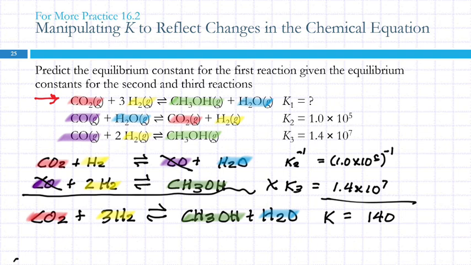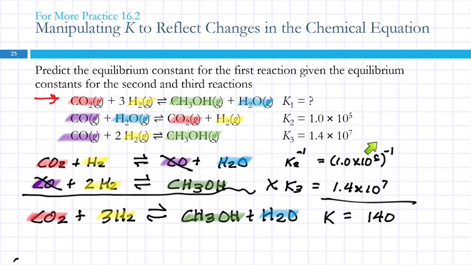Questions? Yes? Well, we can't say that K2 times K3 equals K1. Is that what you're saying? No, I did the equation K3 equals K1 times K2 to find what K1 is. But we have to have this negative 1 exponent in there.